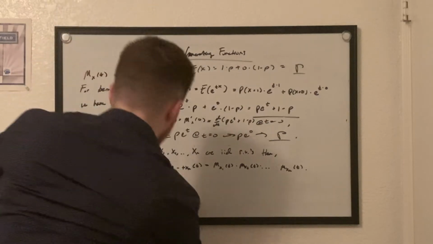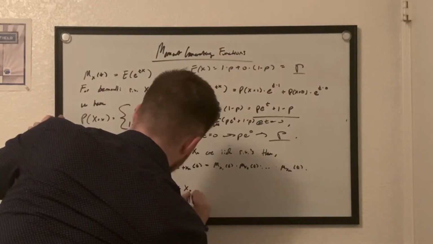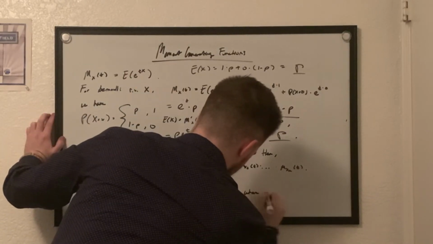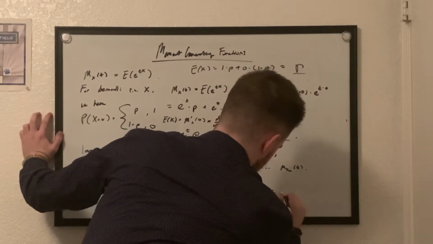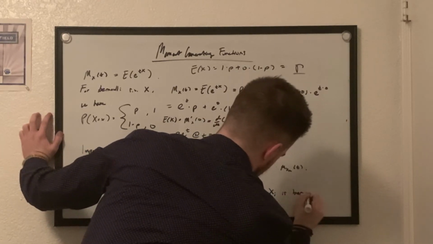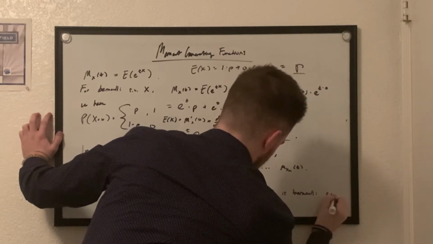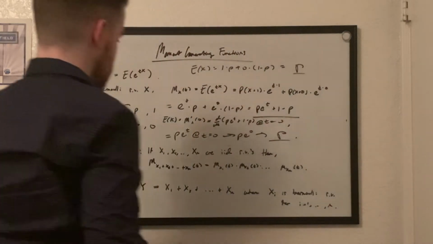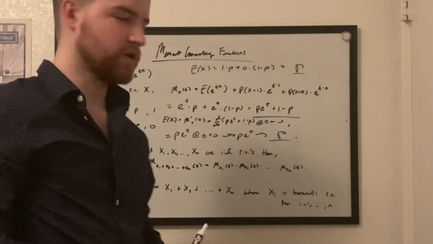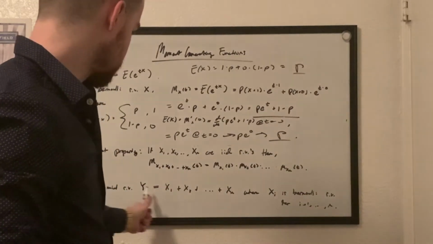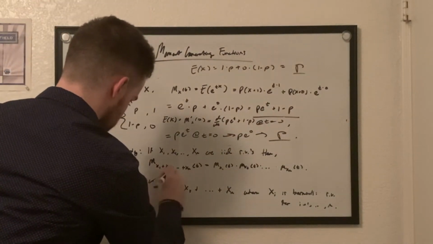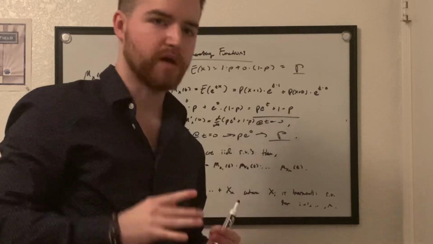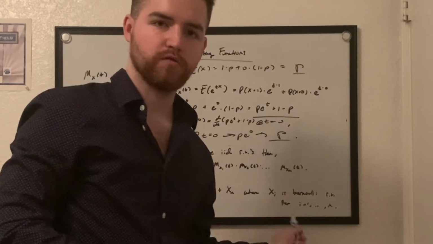So binomial random variable Y is equal to X1 plus X2 all the way to Xn, where Xi is a Bernoulli random variable for i equals 1 all the way to n. So we can figure out the moment generating function of Y just by knowing the moment generating function of Bernoulli random variables, and we're going to show that.